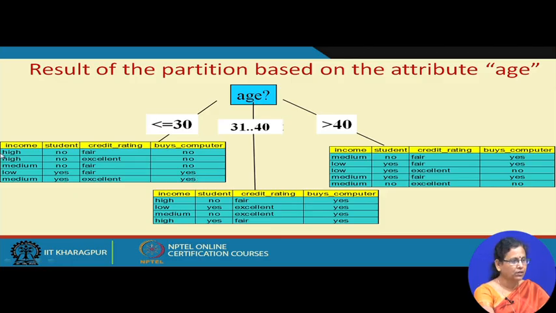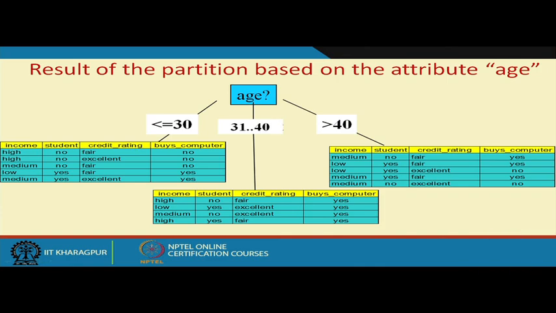You have to find which of these 3 is the right variable, and it turned out to be student. Here you do not have to make any further partition, because all these output values are the same. By this process you can develop a tree which is of minimum height as well.